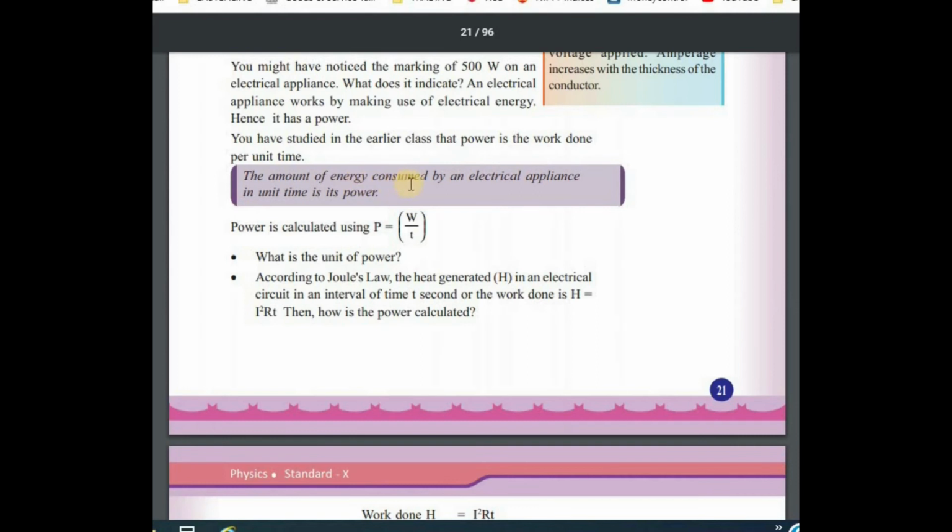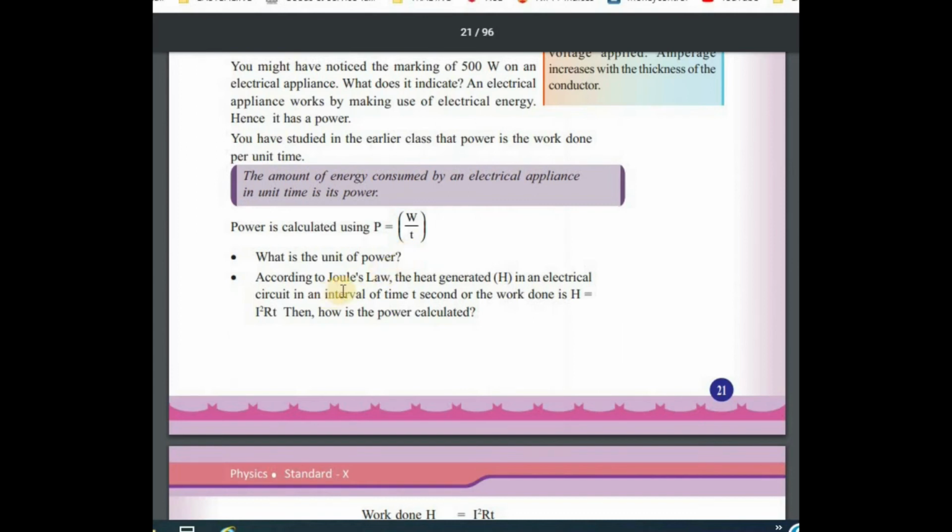The amount of energy consumed by an electrical appliance in unit time is its power. Power is calculated using P is equal to W by T. What is the unit of power? Joule per second, which is called watt.